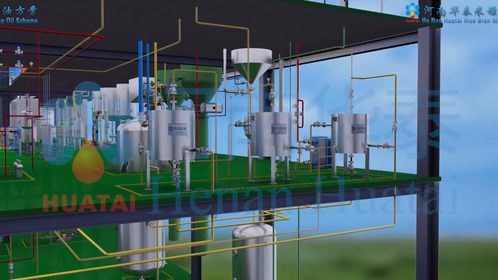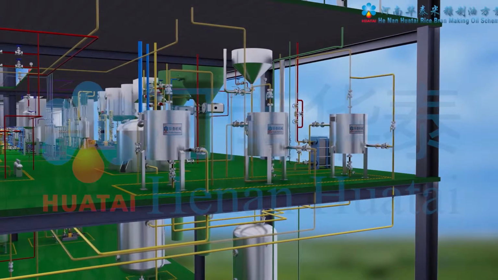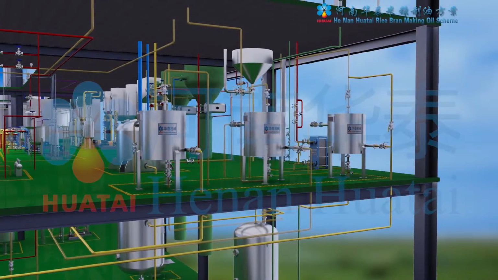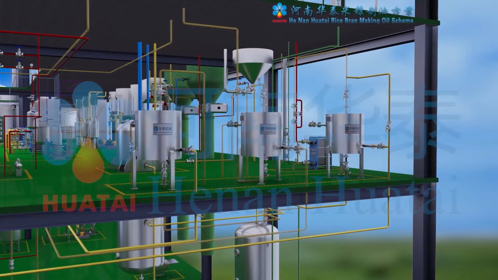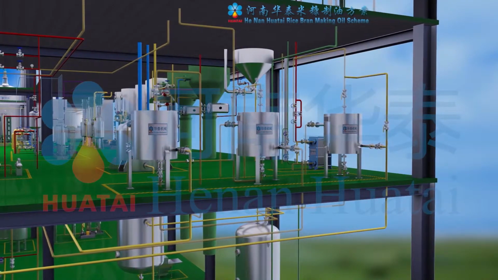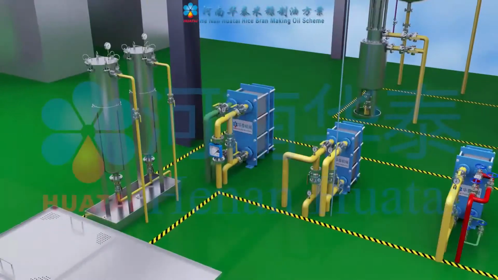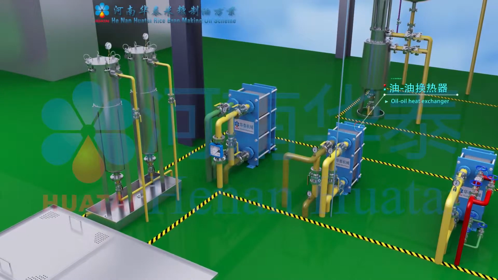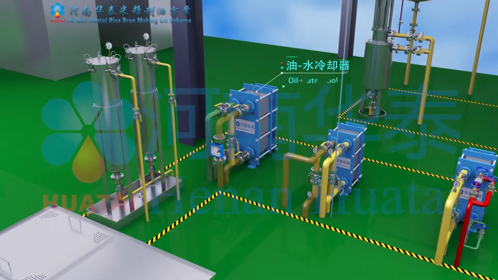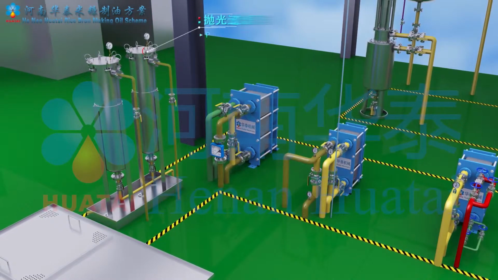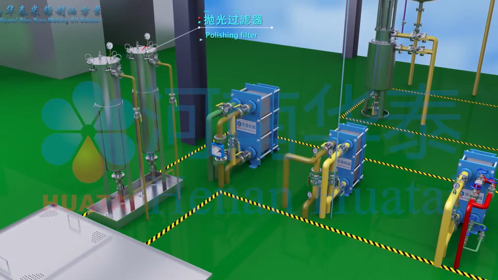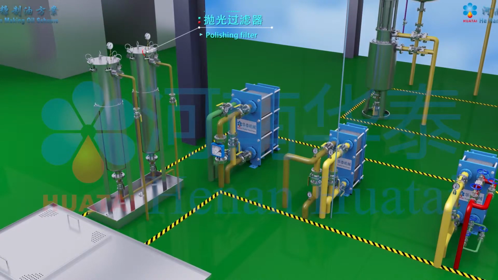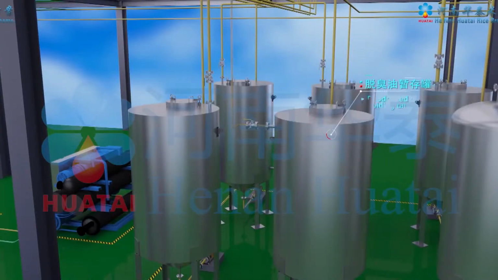After heat exchanging, the oil enters the oil plate heat exchanger and finally comes into the oil water cooler. After polishing by the polishing filter, the cooled deodorization oil enters the deodorization oil temporary storage tank.